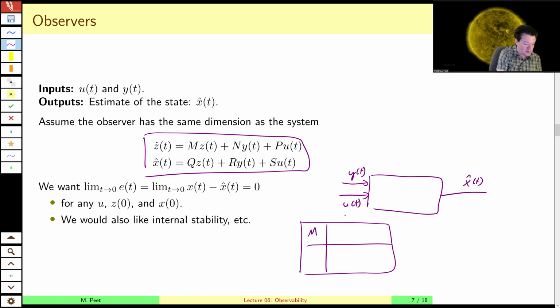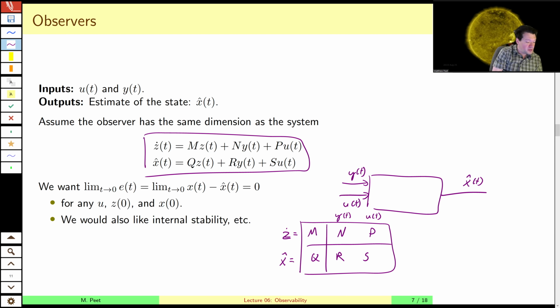The inputs are y of t and u of t, with a P there and there, and then our outputs Q, R, and S. That's how we write system state space representations, by decomposing the inputs to the outputs. So z dot equals, and then here we have x hat equals.